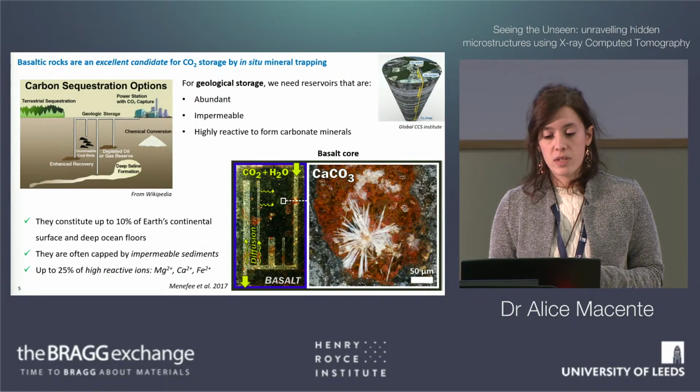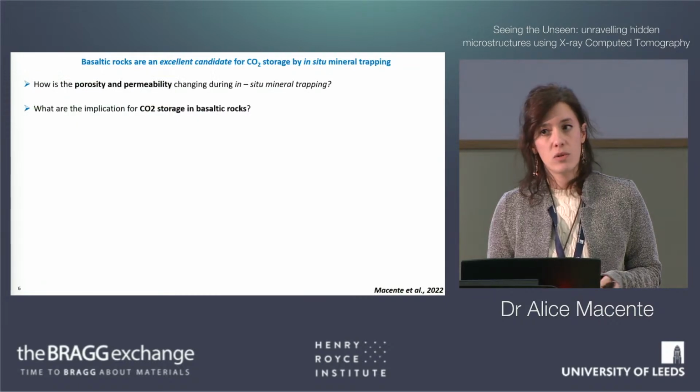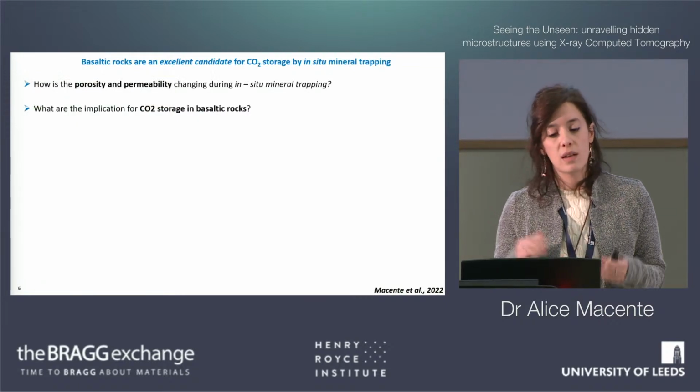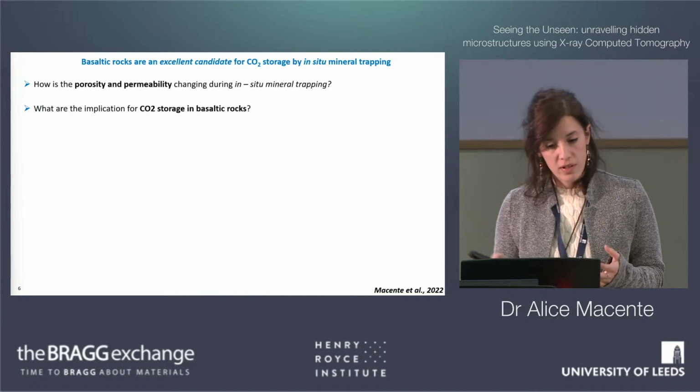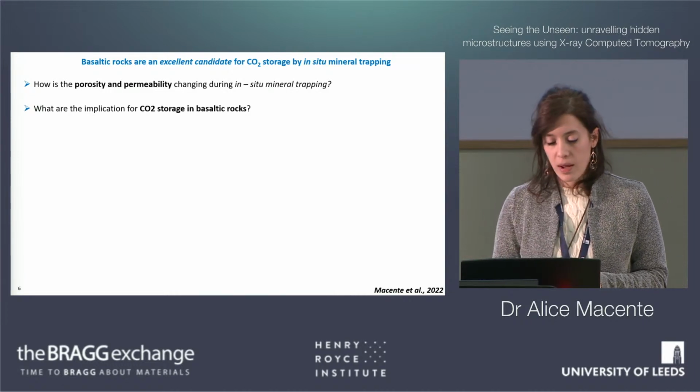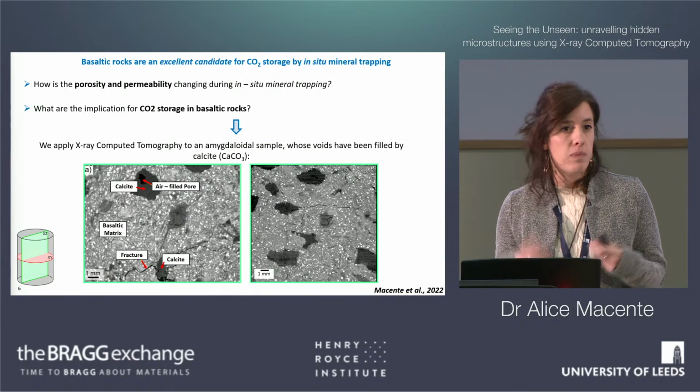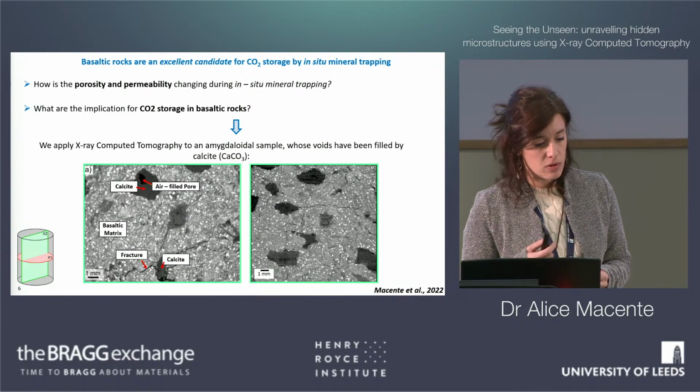So in order to assess the CO2 potential of these rocks, we first need to understand how these microstructure properties change over time. And one way we can do that is by applying X-ray computer tomography.